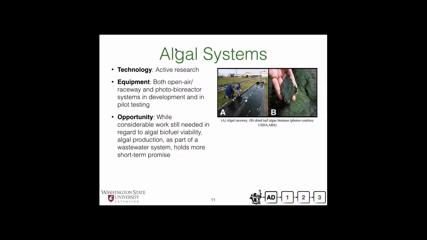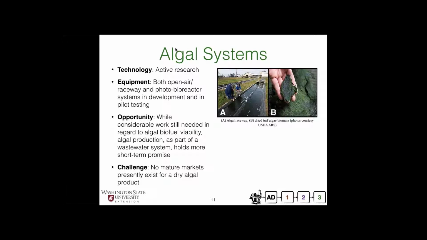There's other research underway that looks at internal systems, so photobioreactors, where we concentrate the algae and we have artificial light systems to allow them to continue to do their photosynthesis and grow. That's open raceways in panel A there, and then panel B is showing a dried algae biomass.